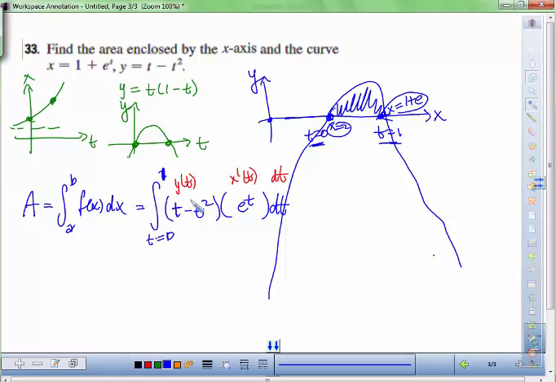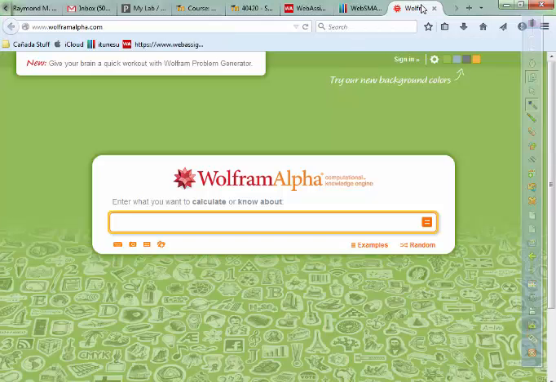Okay. Oh boy, this looks like integration by parts. All right, while you guys integrate this by parts, so we're going to integrate t minus t squared times e to the t.